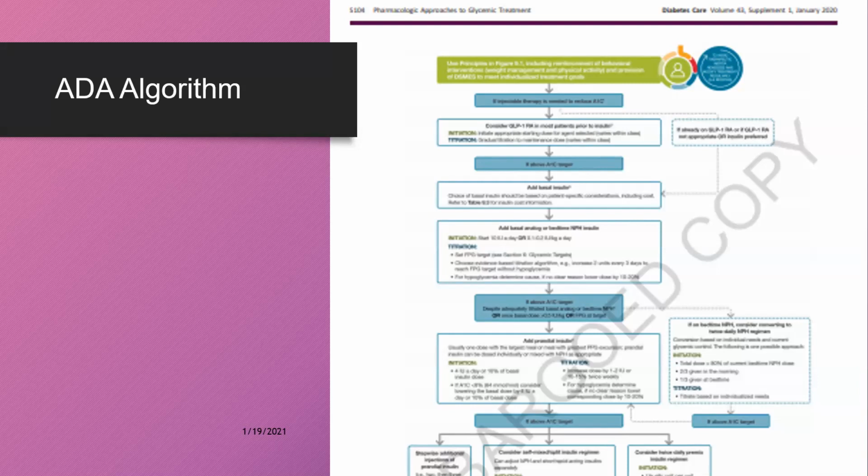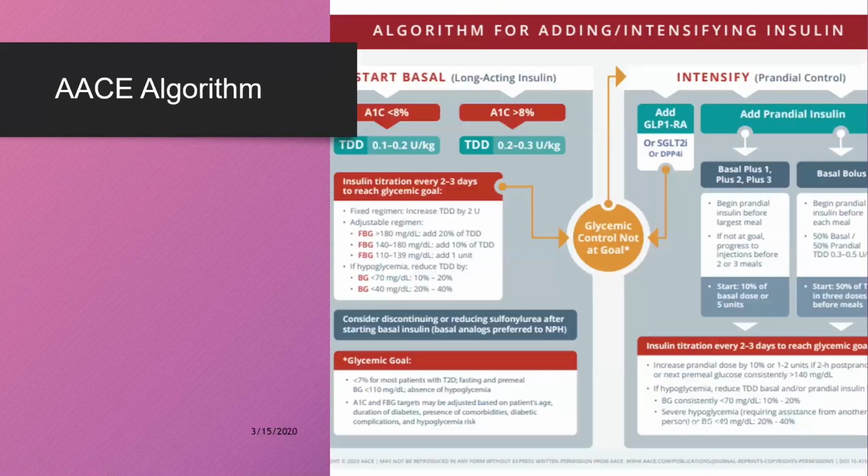Lastly, I know the picture is not very clear, but I just wanted to inform that there are algorithms by the ADA which can guide you how to optimize the glycemic control using various types of insulin regimes, how to get to the A1C target. This is an algorithm by the American Association of Clinical Endocrinologists.